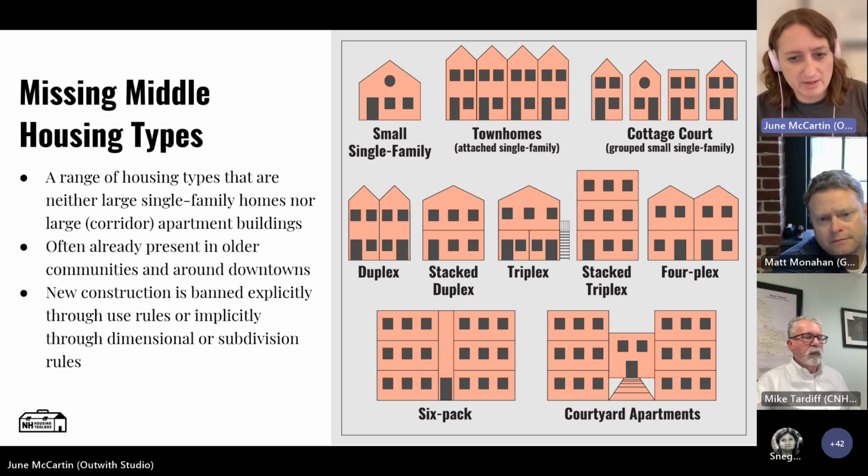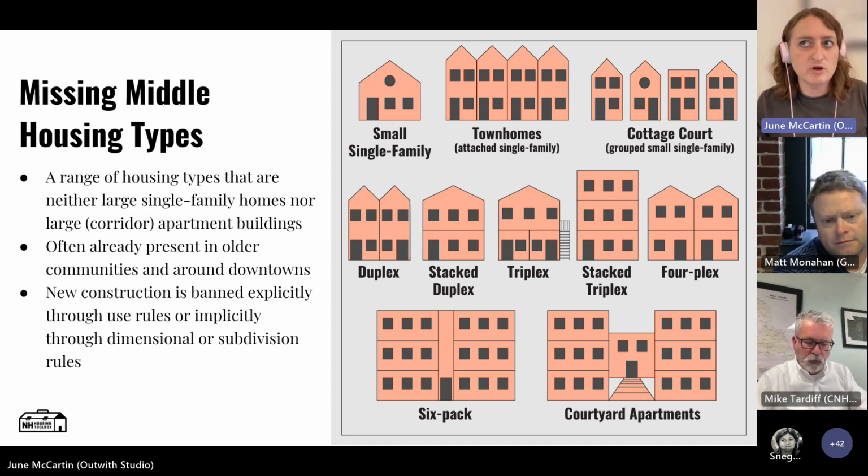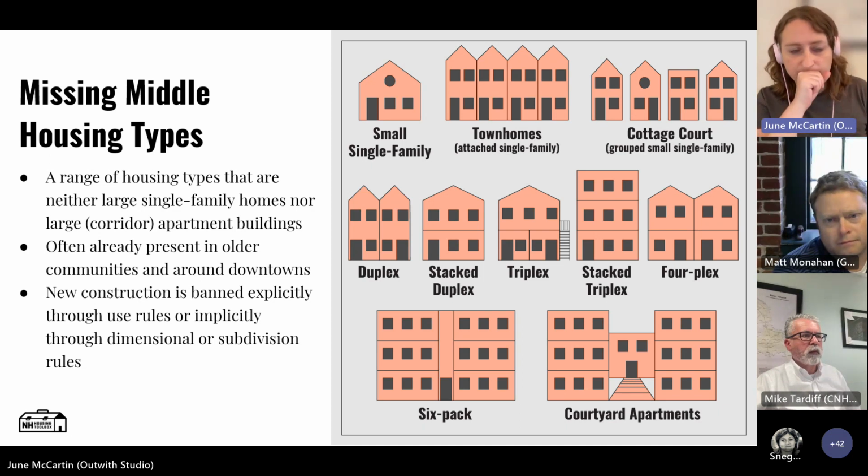A missing middle typology is anything in between that scale, something that would have been more allowed and more prevalent, honestly, before the advent of zoning, and certainly before World War II. These are things like duplexes, townhomes, small apartment buildings, maybe with 2 to 4 units, and then even larger than 4 units, but smaller than a large apartment block.